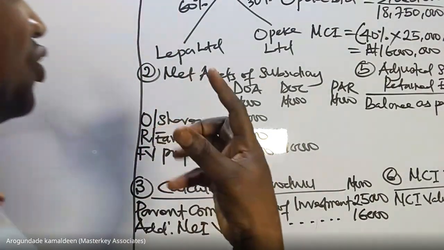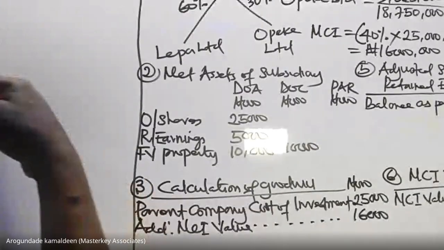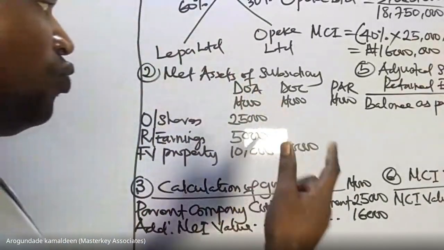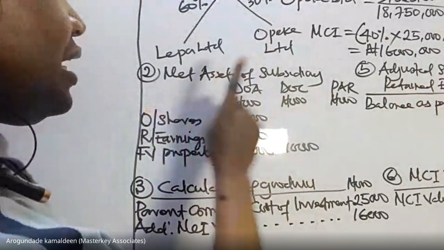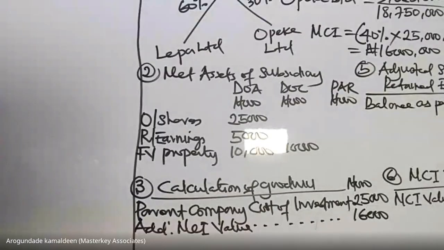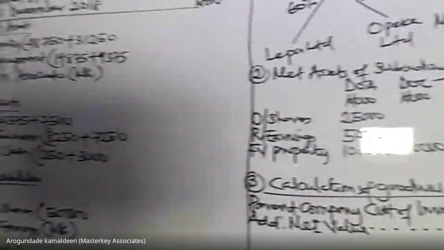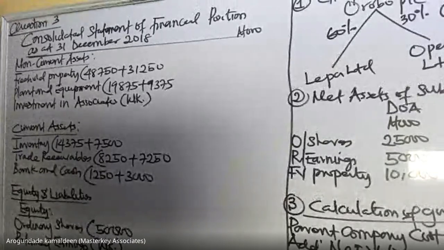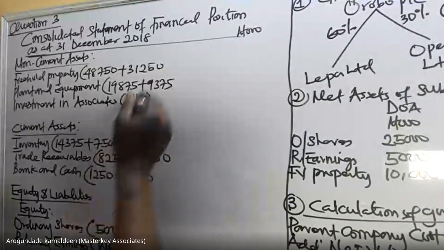Because an increase in our asset will increase the net assets. So also to the consolidated statement, 10 million.